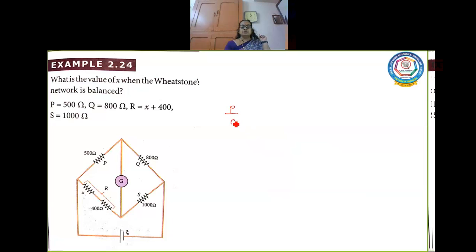P by Q equal to R by S. So what is P? P is 500, Q is 800, R is X plus 400 and S is 1000. Okay? Now you have to find the value of X here.